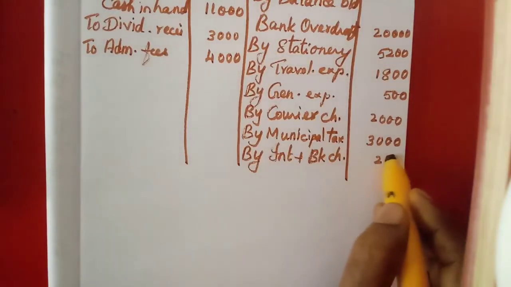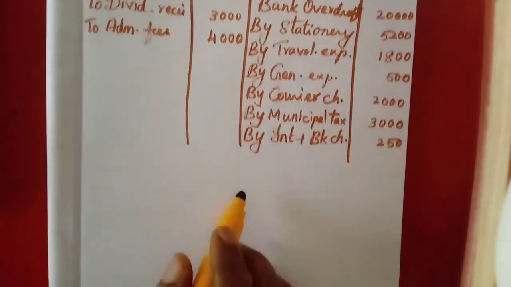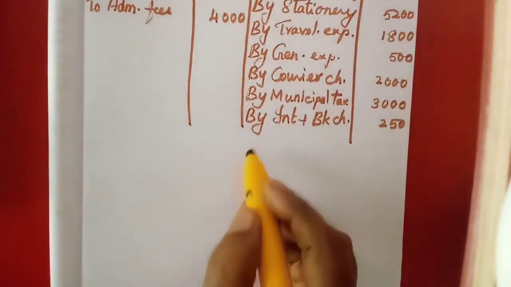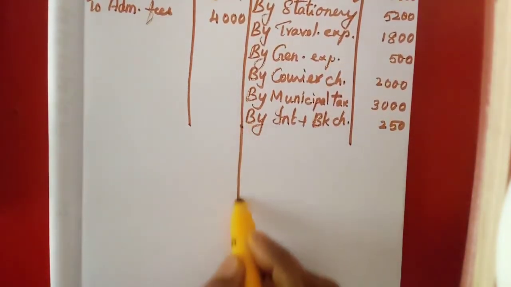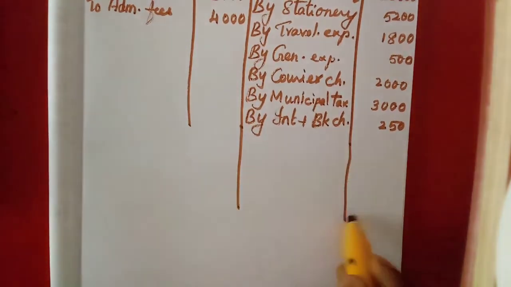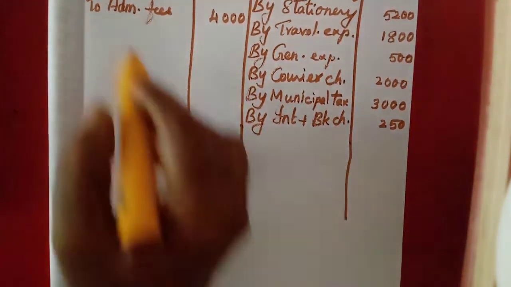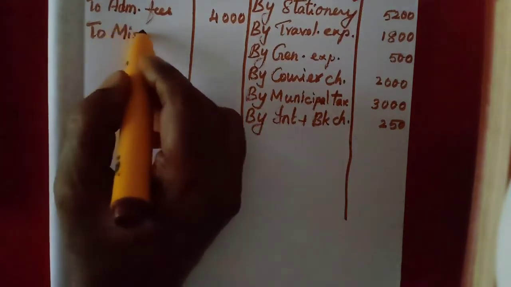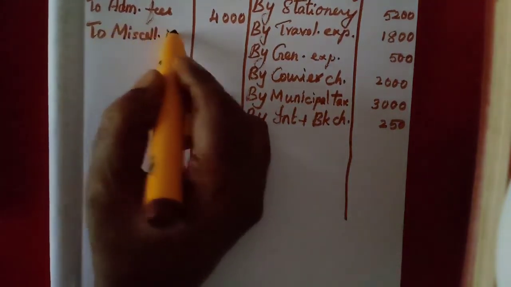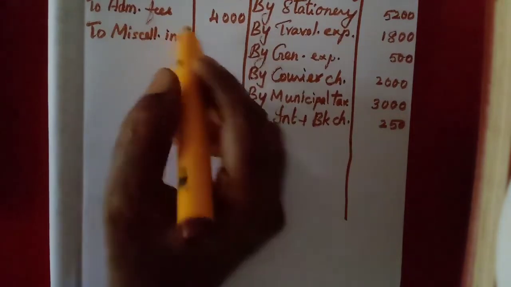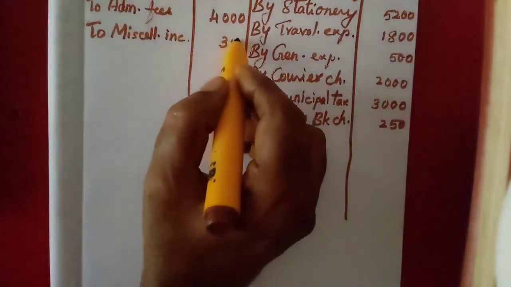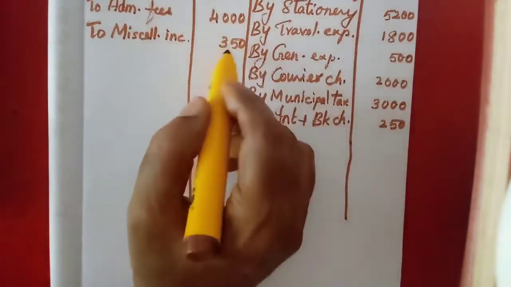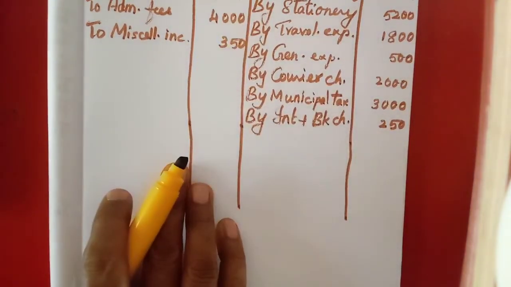250. Miscellaneous income. 350. It should be within 3 digits.